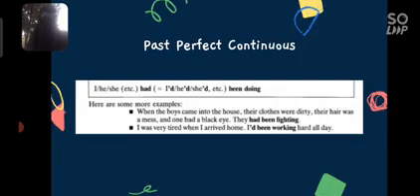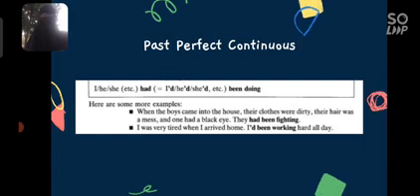Next, past perfect continuous. I, he, or she, and others had been doing. We use been doing in past perfect continuous. This is an example.